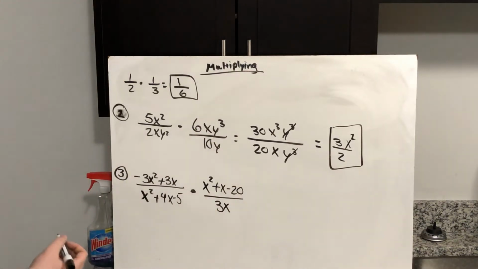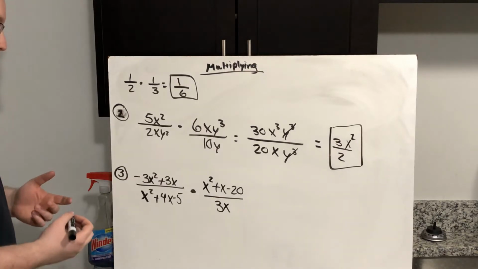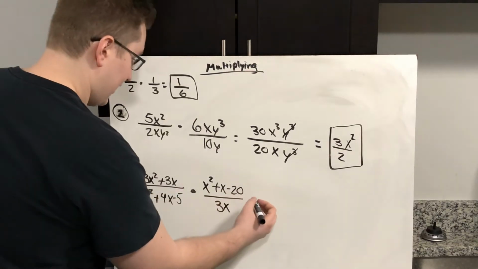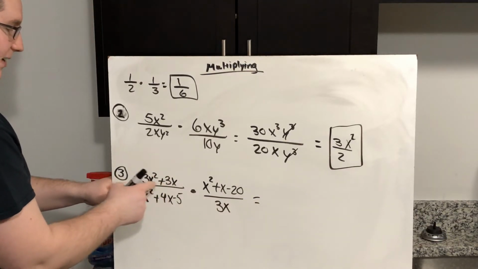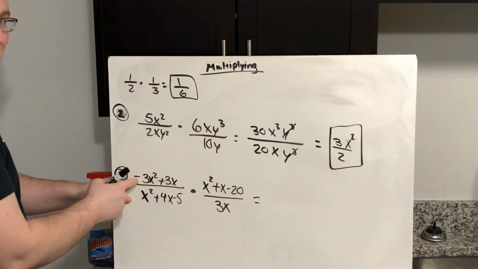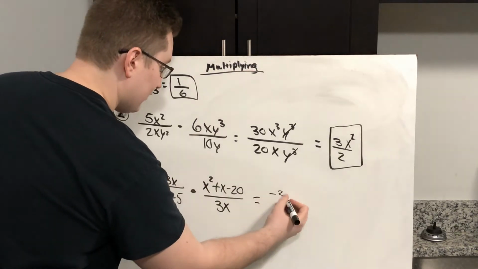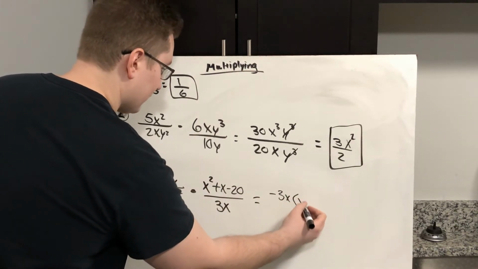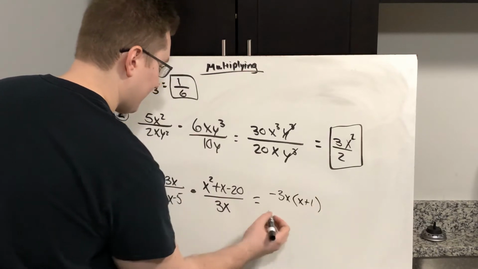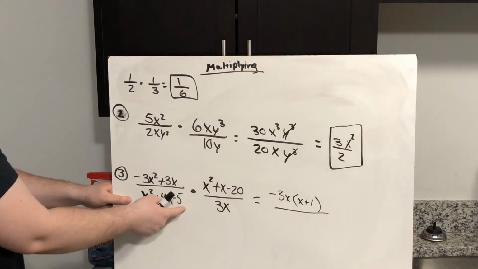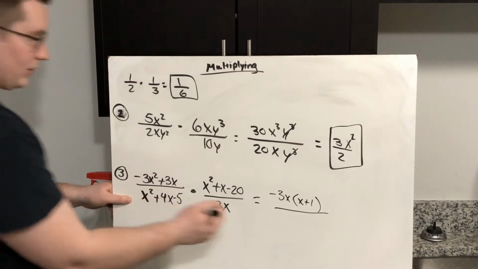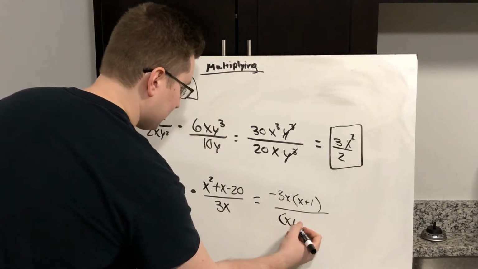And I want to simplify this as much as I can, so I'm going to factor out the top and the bottom. So I can take out a 3x, but I have to take out a negative 3x because this first one's negative. So negative 3x, and I'm left with x plus 1 over, I need two numbers that multiply to negative 5, add to 4, so I have x plus 5.